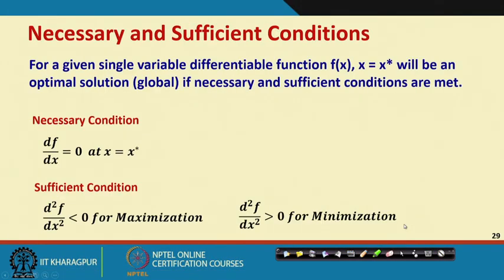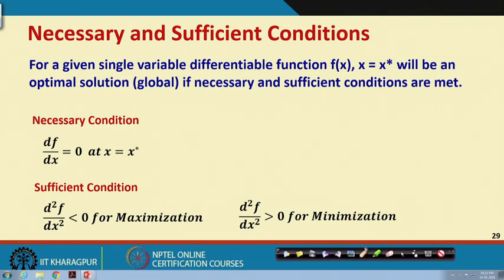In the single variable problems, for a given single variable differentiable function f(x), x equal to x star will be an optimal solution if necessary and sufficient conditions are met. Let us say we have a function: maximize z equal to f(x).